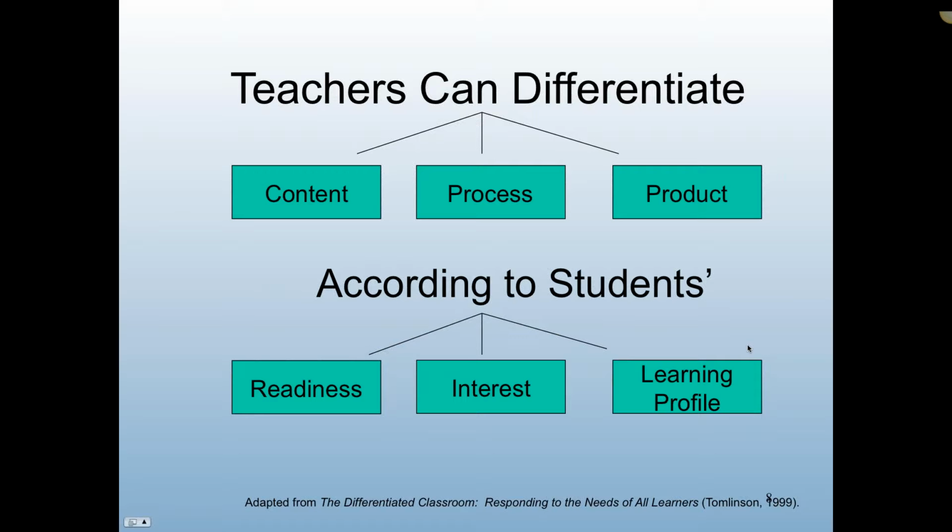And obviously, we have to know who it is that we're dealing with. If you're having a homogenous group, that makes life a lot easier, but many of us don't. Many of us will have students with IEPs in our classroom, students with learning disabilities, students who are ESOL students. We don't always have that pleasure of this being easy to teach to the group. So we have to be careful.